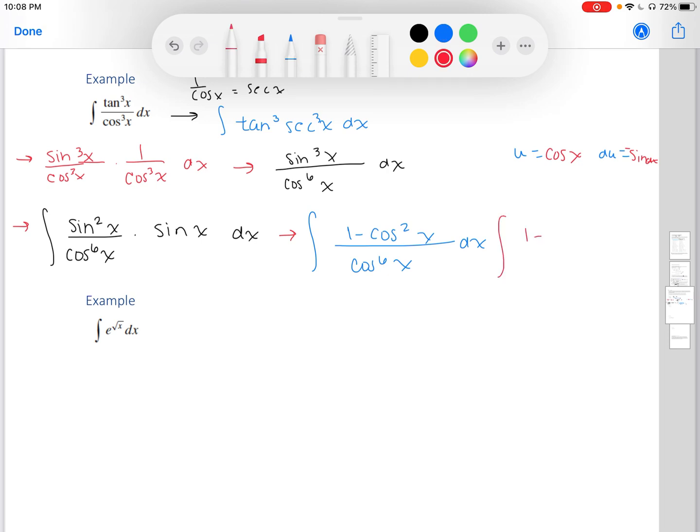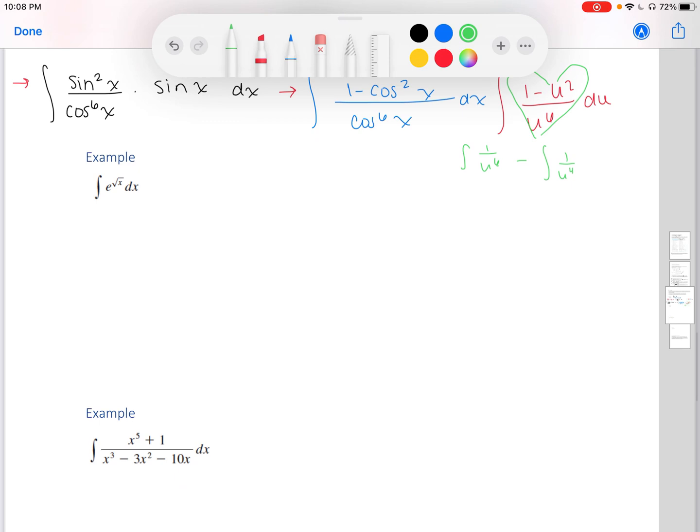So we have 1 minus u squared over u to the 6th power du. And now we can write it as two separate terms, so that we have the integral of 1 over u to the 6th minus u squared divided by u to the 6th power. That's the same as u to the negative 4th, or 1 over u to the 4th. You continue from there.